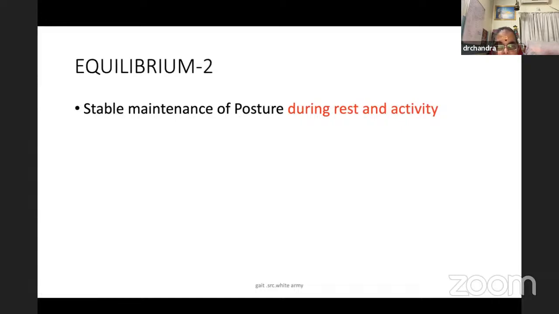What is equilibrium? Equilibrium is stable maintenance of posture during rest and activity. When you are resting and when you are active, in both situations the body should be in balance. That is equilibrium.